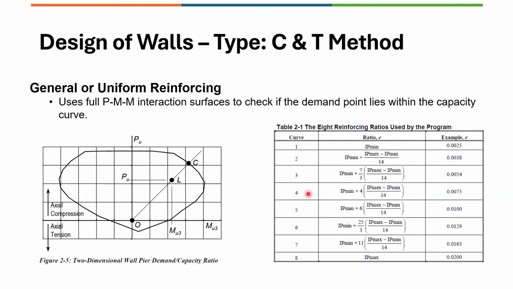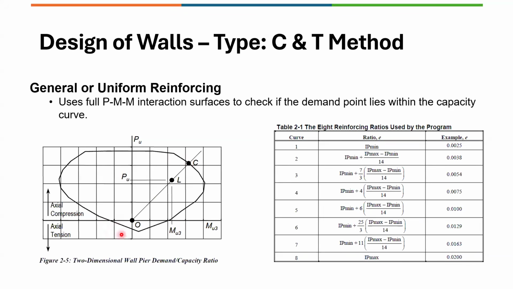And in case of general and uniform reinforcing, a PMM interaction surface is generated similar to column, and it uses the utilization factor as a limit, but you can set it to 1 or 0.95.